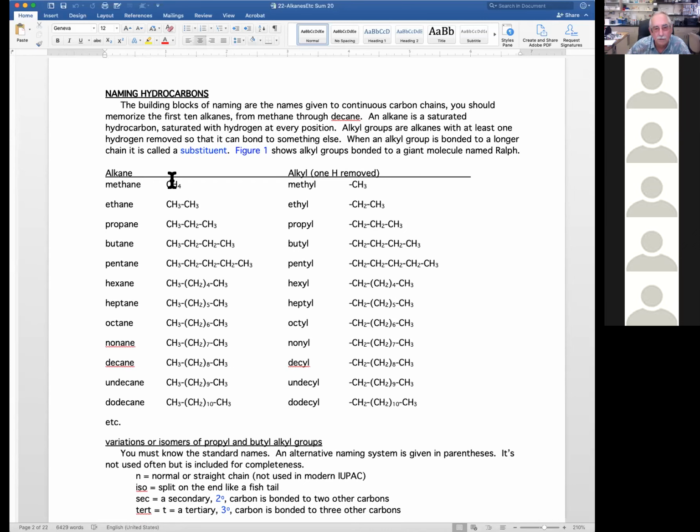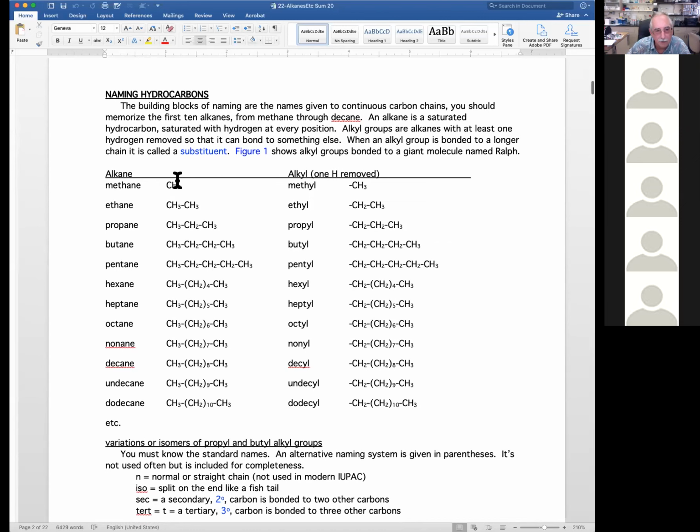So one carbon in a row is called methane. And if I take off one of the hydrogens, it becomes the methyl group. That's important because if I have a long continuous chain and I add this to it, then I call that the methyl group. It's called an alkyl group.